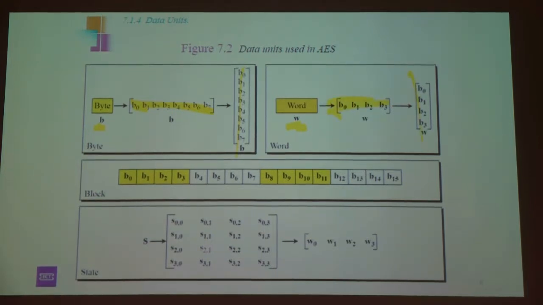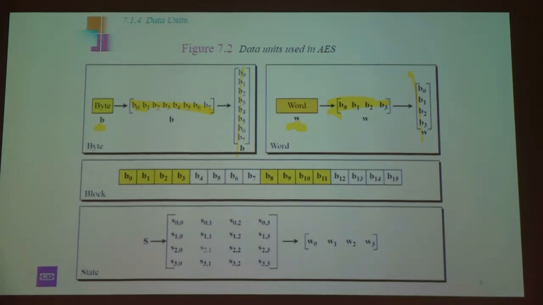The main unit of our data is a block. What is the size of the block? 128 bits. That means how many bytes? 16 bytes, because 16 times 8 is 128.